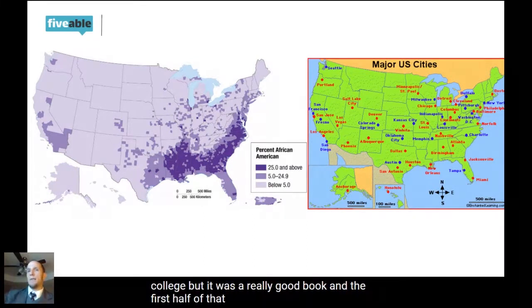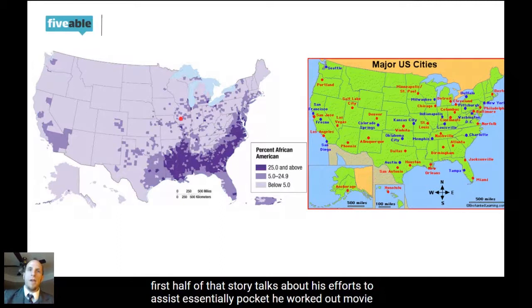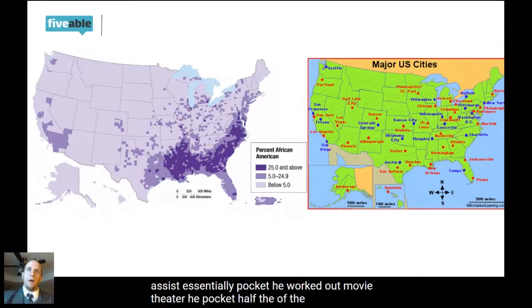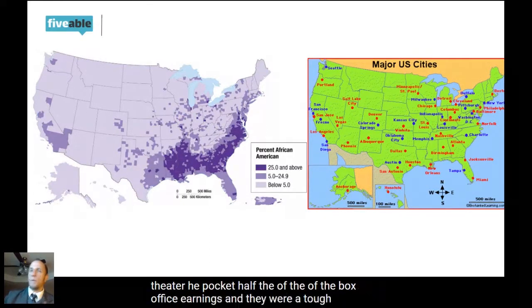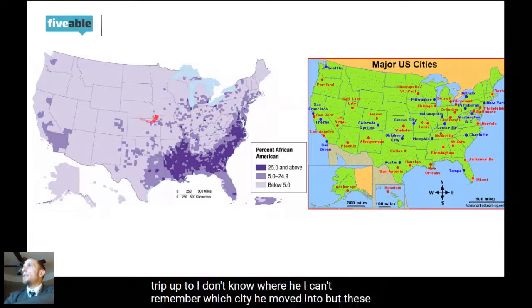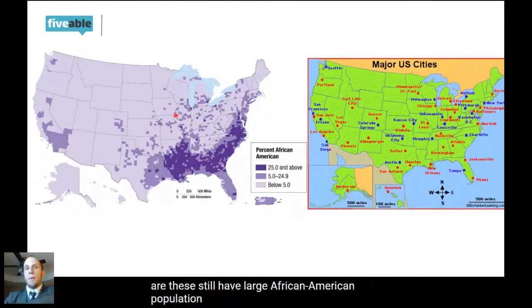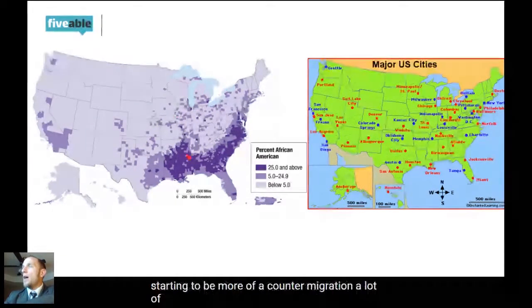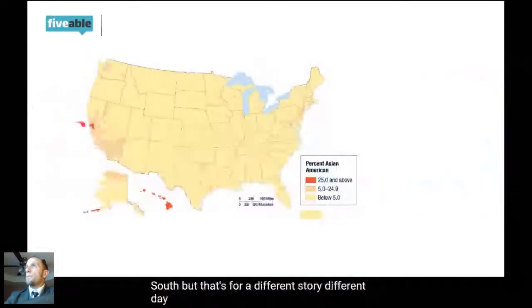The first half of that story talks about his efforts to essentially pocket half of the box office earnings at the movie theater where he worked, in order to afford a one-way trip up to, I can't remember which city he moved into. But these still have large African American populations going back to that. Now, there's starting to be more of a counter migration. A lot of African Americans are coming back to the South, but that's for a different story, a different day.